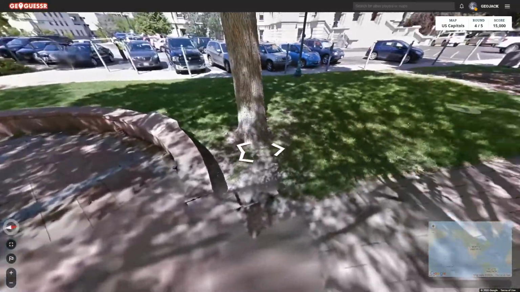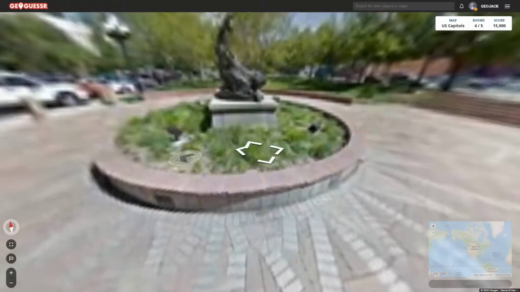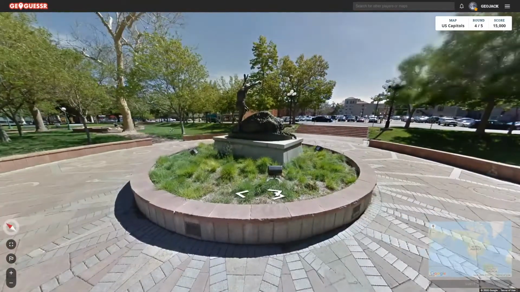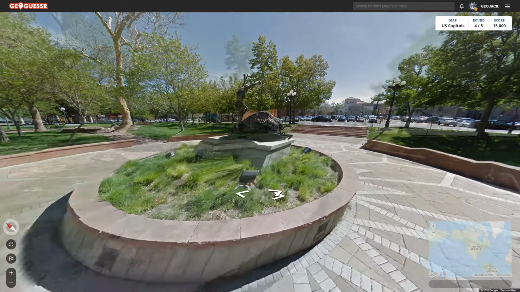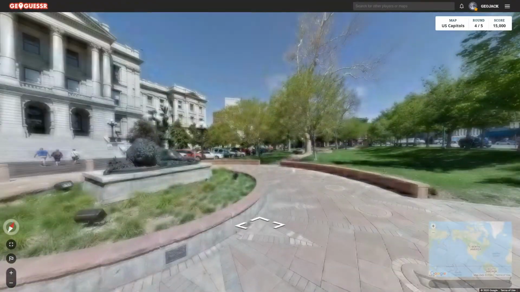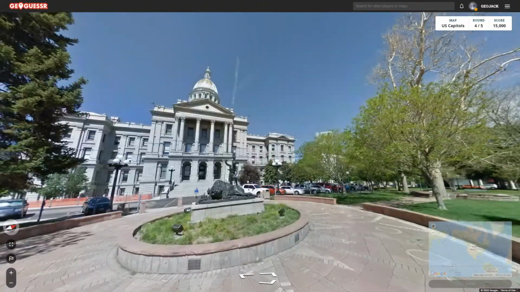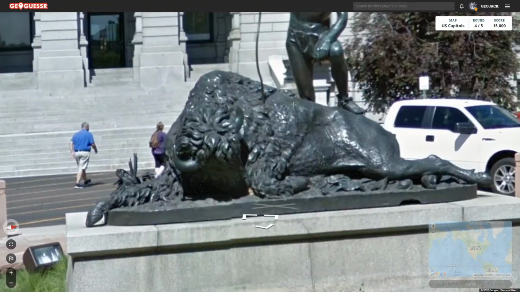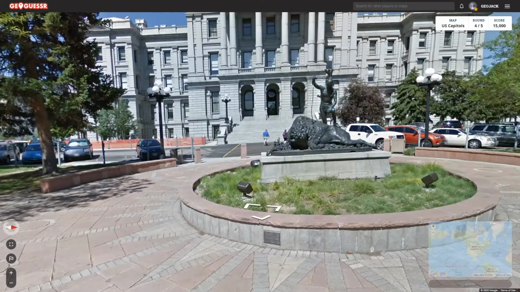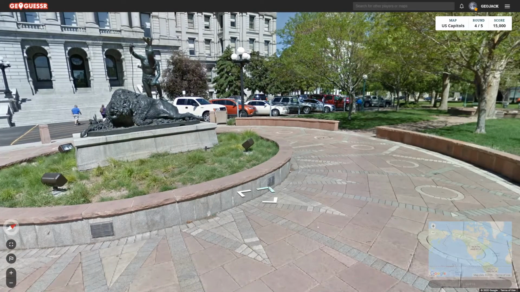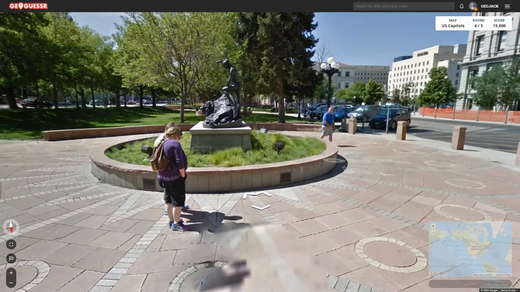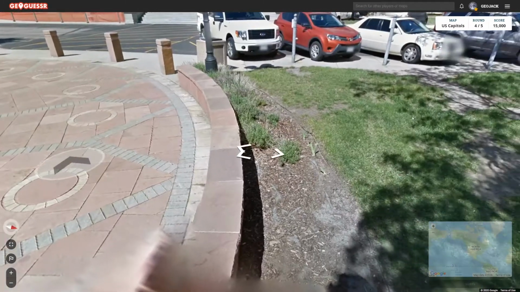But there's got to be some sort of clueage here. I don't know what this is depicting. A Native American killing a bison, is it? I don't know what the symbology of that is for the state. They're clearly reading something relevant.